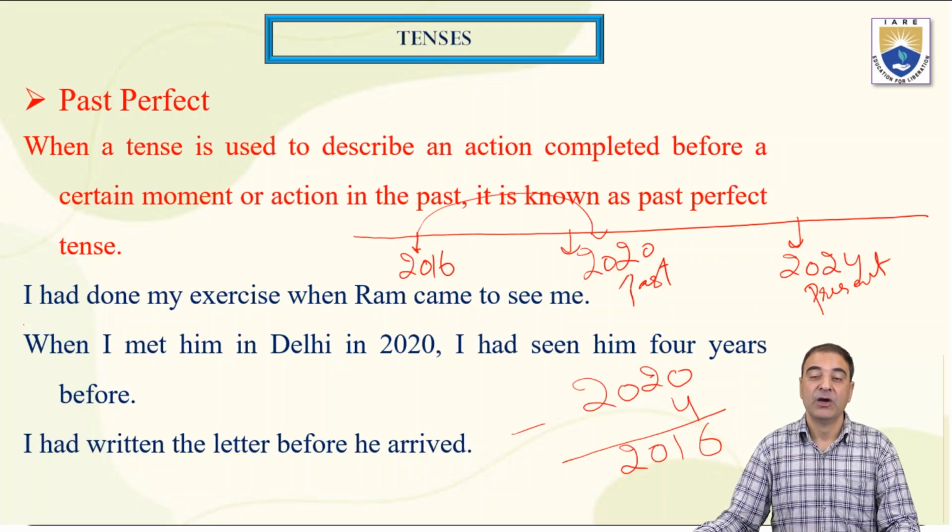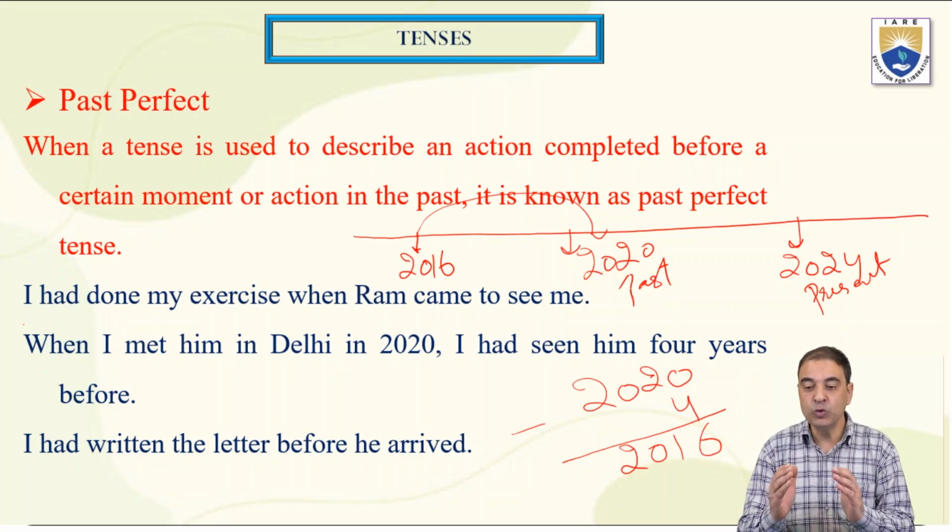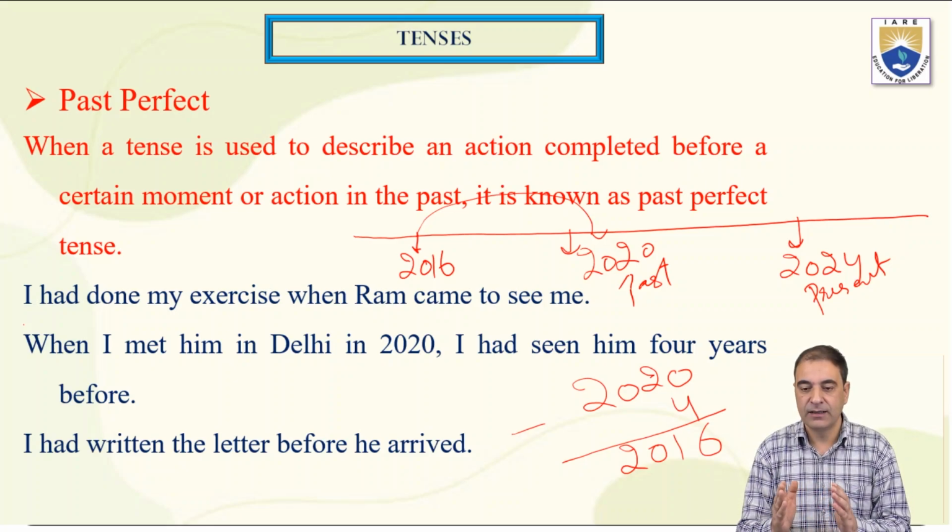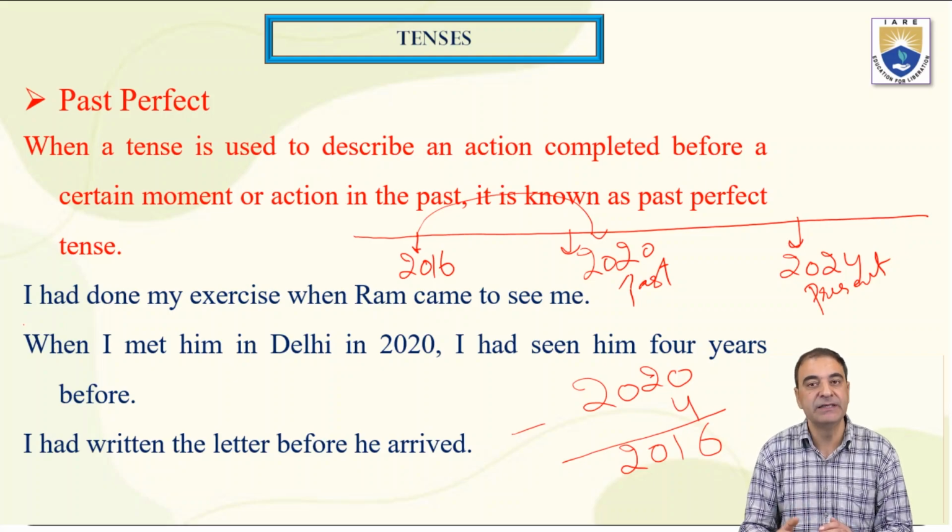Now remember, when you find that two actions had been completed in the past, you need to see which action had been completed first. And with that first action, you have to use past perfect tense. And with the second action, you have to use simple past tense.